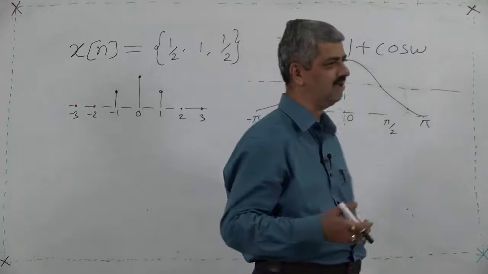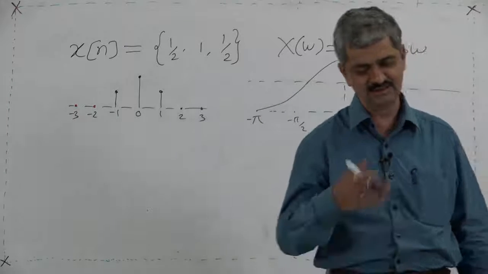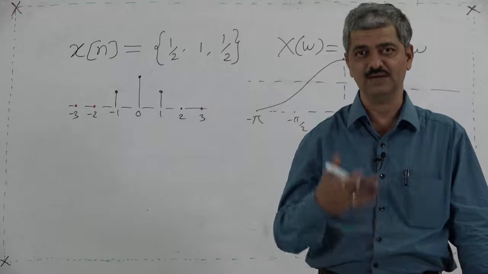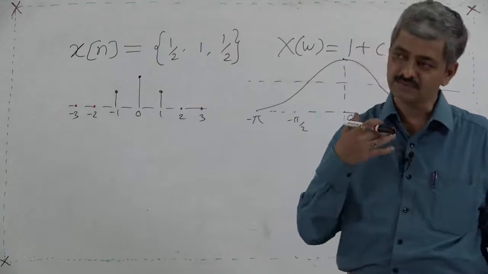Now I make a statement. I am sure that you will not understand it, and once it is clear that you do not understand, we try to simplify it further.